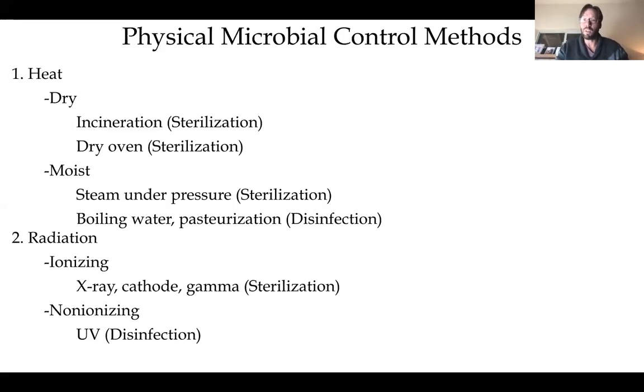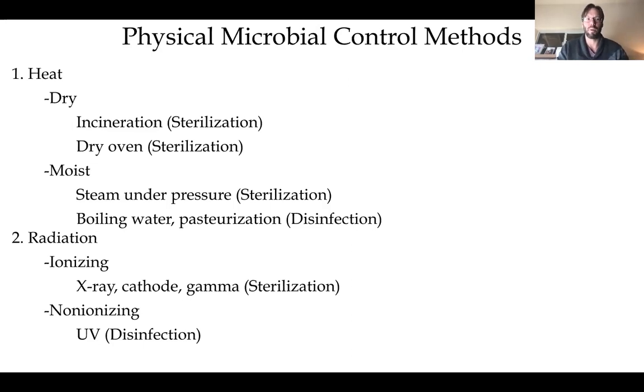Now, this is what an autoclave does. This is how we sterilize things in the biology lab. So you have a pressurized steam, and that pressurized steam in conjunction with a high temperature is greatly effective at killing off the endospores to sterilize.